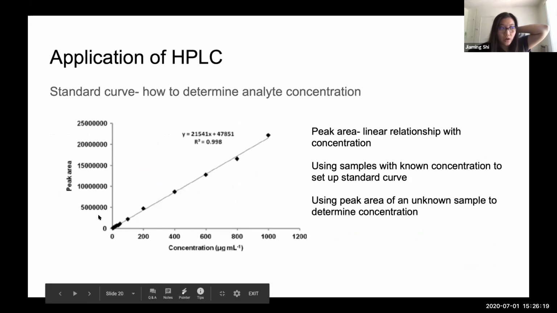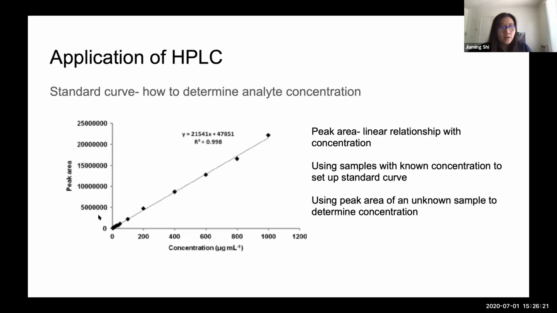So in order to quantify those compounds, because we're interested in how big of a level, that means concentration, of those compounds are present in the water sample, there's a common practice that is called a standard curve. We usually make standards with known concentrations, but at different levels. So you will make 5 to 6 different samples with different concentrations, and we run them through HPLC.